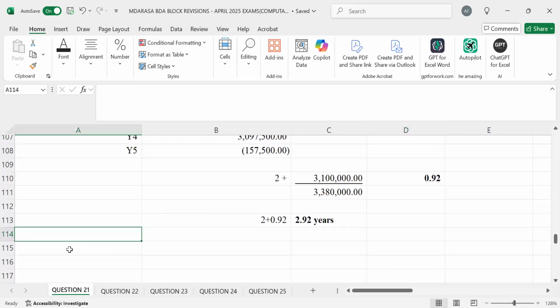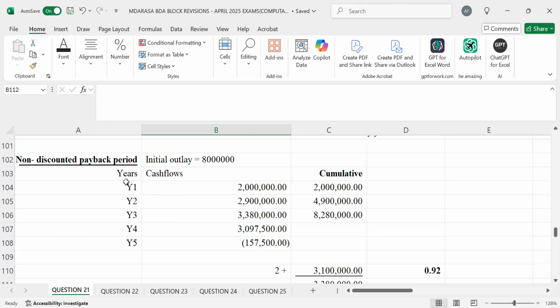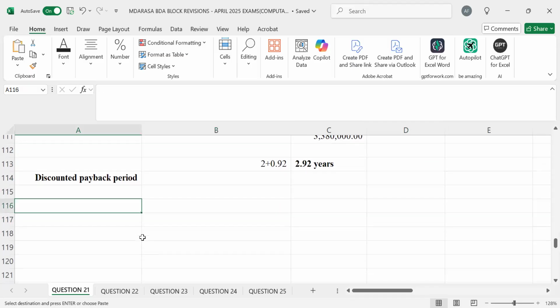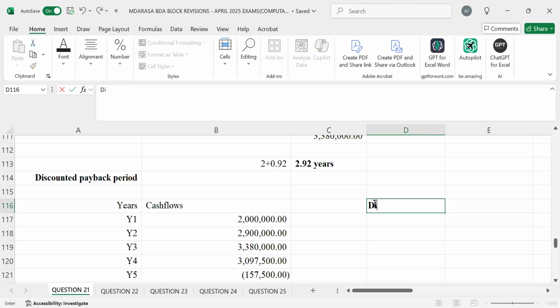What if you're asked about the discounted payback period? How will you go about it? The same aspect will apply. We take these values, and this time round, I need to determine our discounted cash flows.